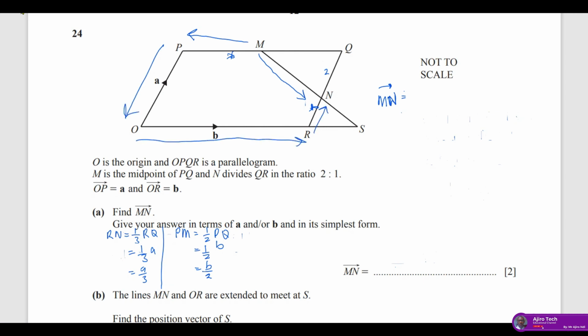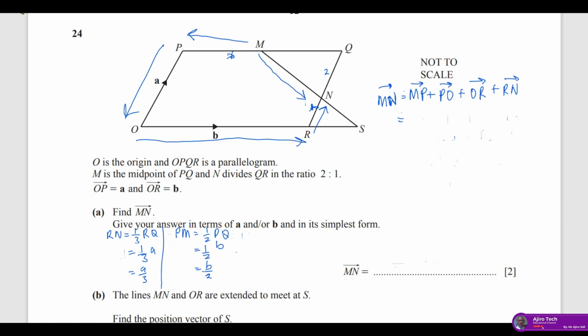So let's start from MP. So M to P plus from P to O, then O to R, then from R to N. So MP is negative of PM.